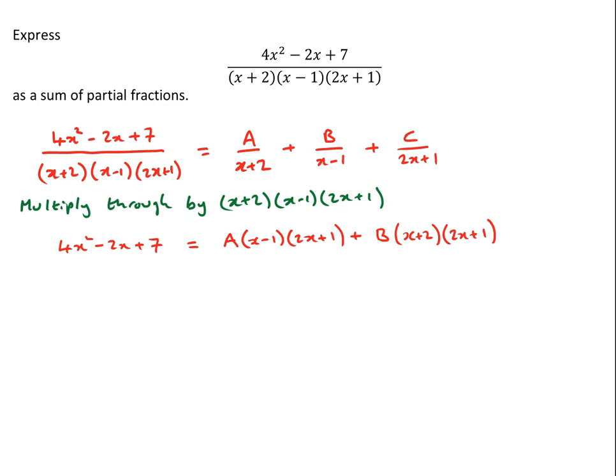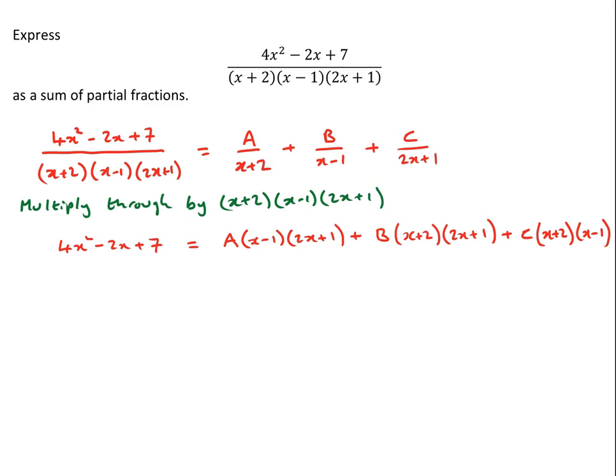And then on the final term on the right hand side, we've got c over 2x plus 1 times by x plus 2, x minus 1, 2x plus 1. The 2x plus 1's will cancel, and we're going to have c times x plus 2, x minus 1.